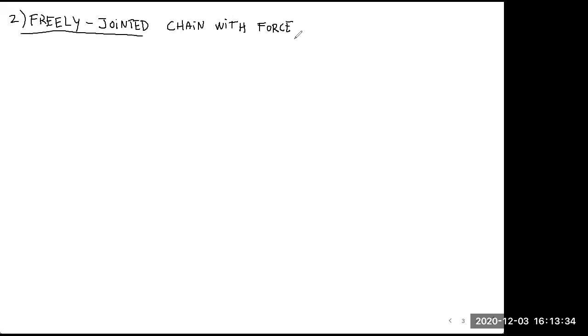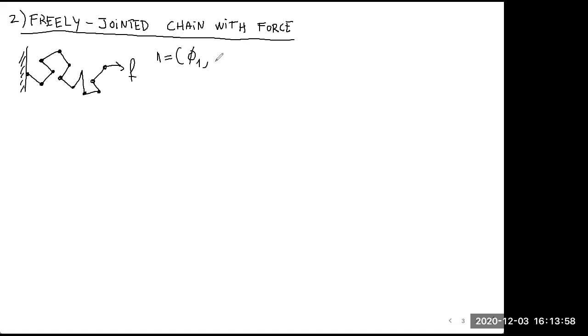Fine. So let me go to this model I'm trying to introduce to you. You have the polymer with segments of equal length A, and they have different angles. Now they are subject to a force. So the microscopic configuration will be, again, all these angles of the polymer. We say it has n sides, 1 to n.